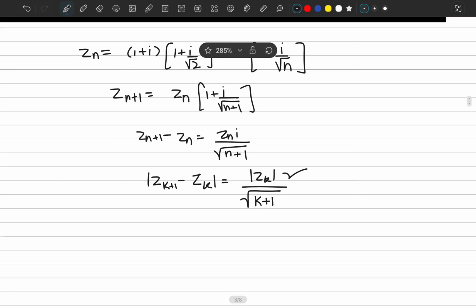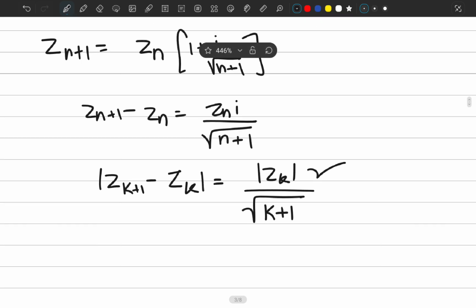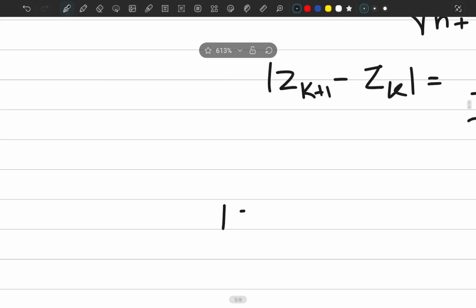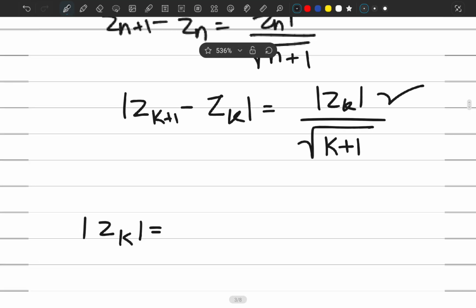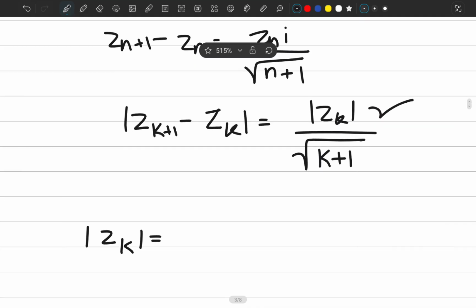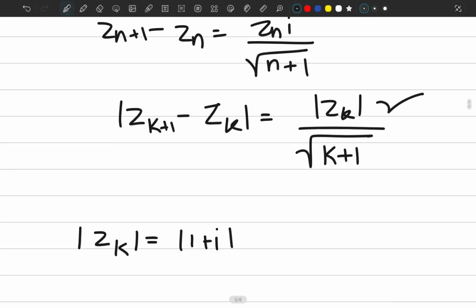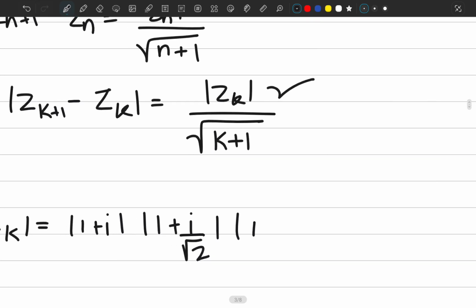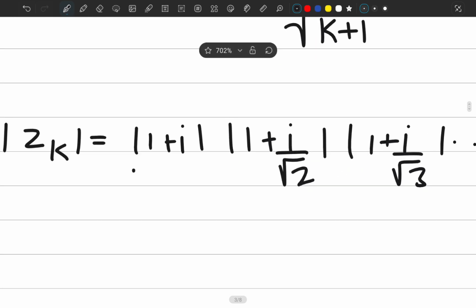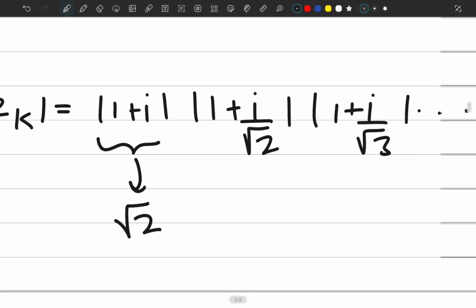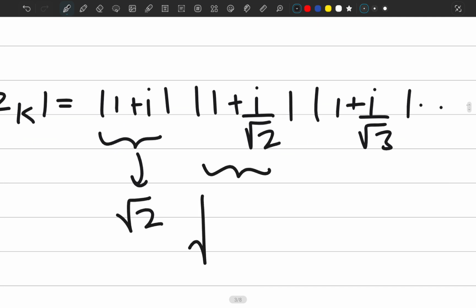Now what will be the modulus of zk here? For this problem, it will be modulus of (1 plus i), modulus of (1 plus i root 2), modulus of (1 plus i root 3), up till modulus of (1 plus i root k), right? So this will be root 2. This will be root 3 by 2.